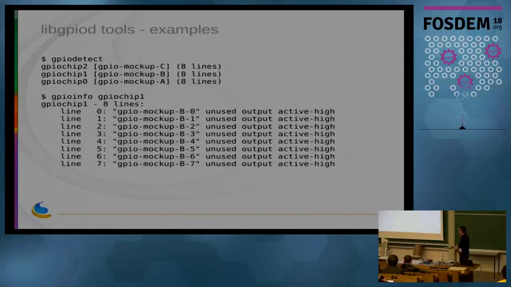It lists all the lines with their offsets for each chip, and if the lines are named, the names will be printed, and then the current direction, user and some other flags will be shown.